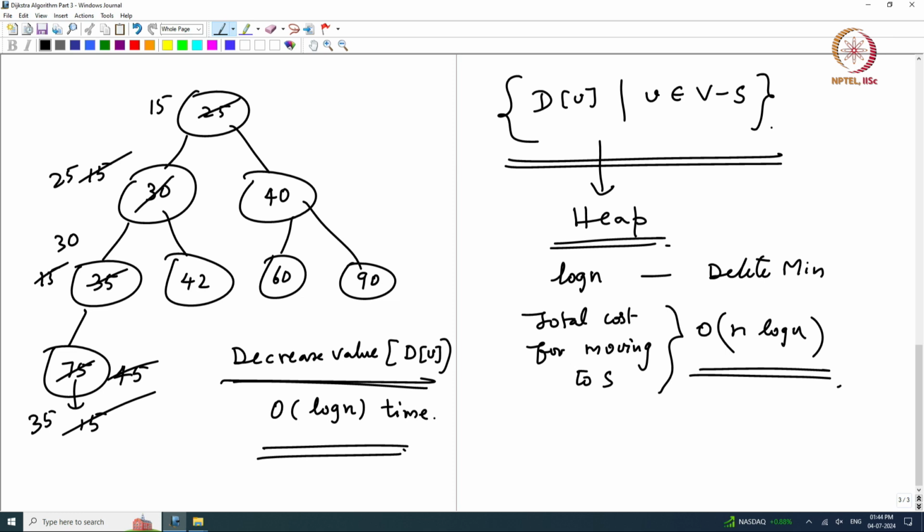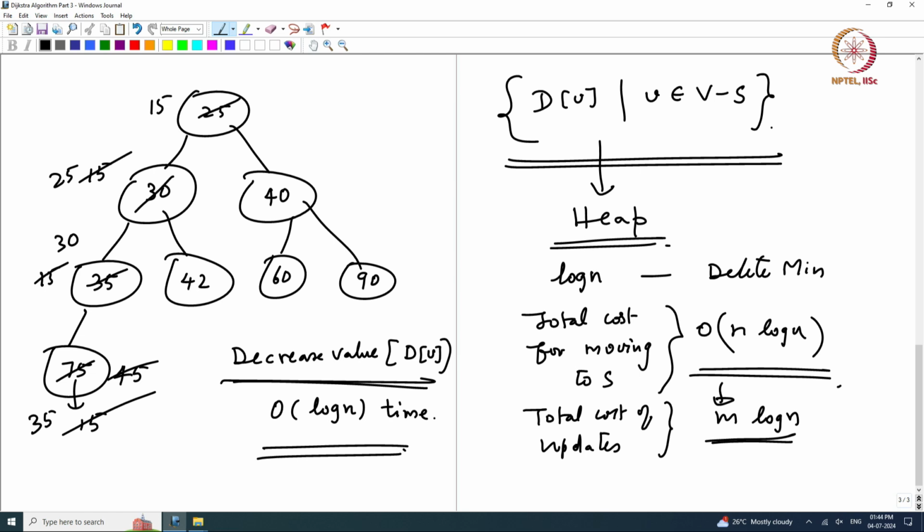So there may be a total cost of updates of m times log n, because m is the total number of edges. Each edge may trigger a decrease value operation.